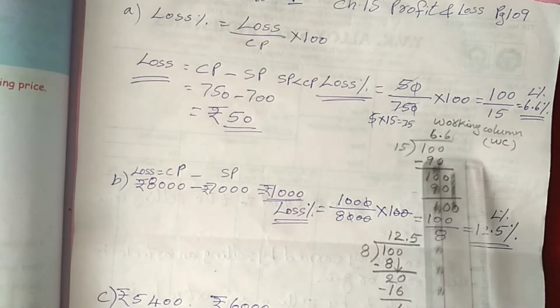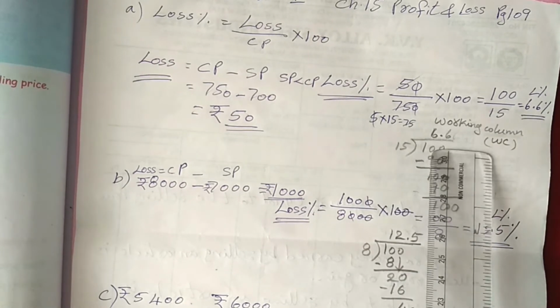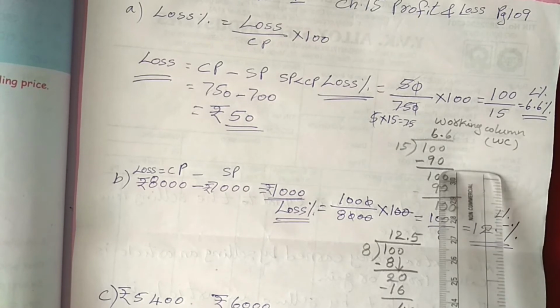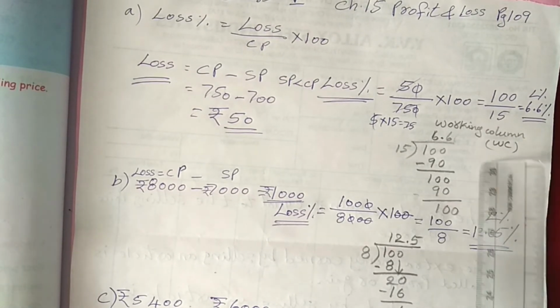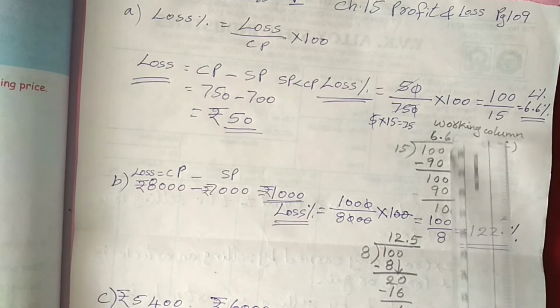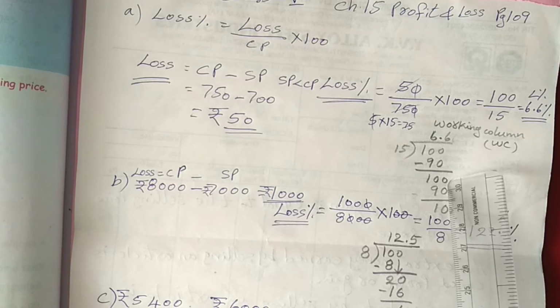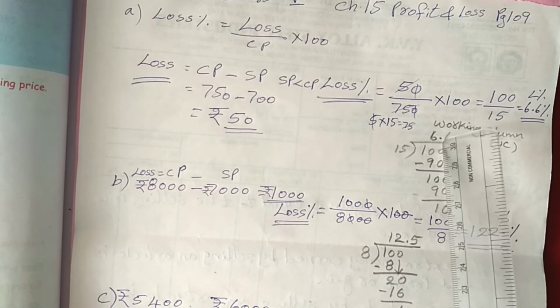Now see here, the working column, you observe. 100 divided by 15. So 15 6s are 90. 100 minus 90 is 10. Are there any numbers after this? No. So I kept a point, that is a decimal, over here.